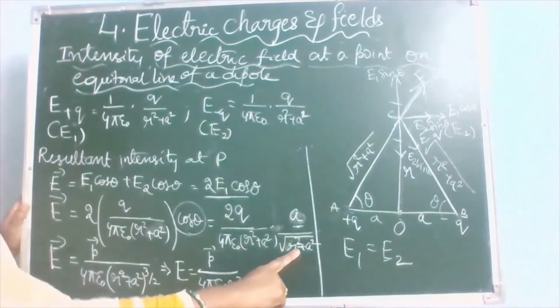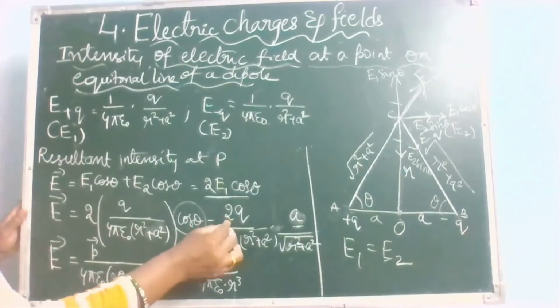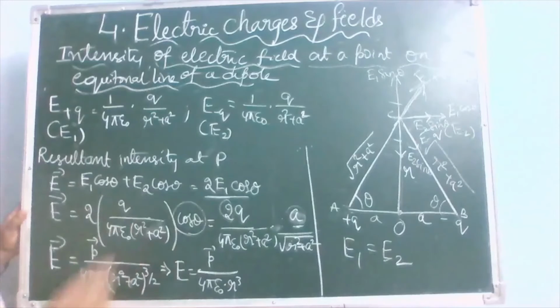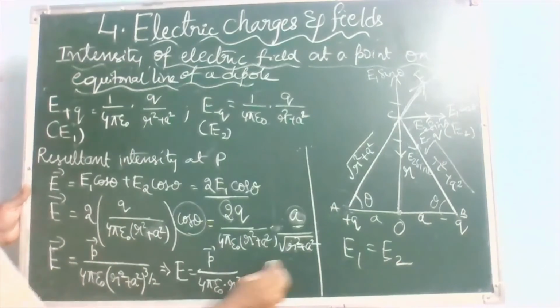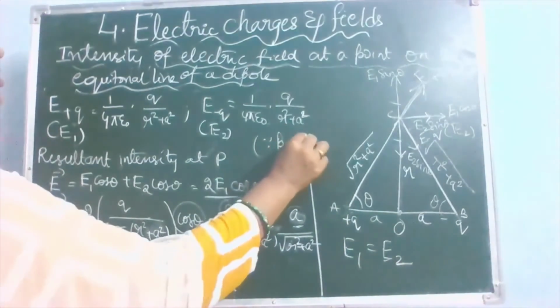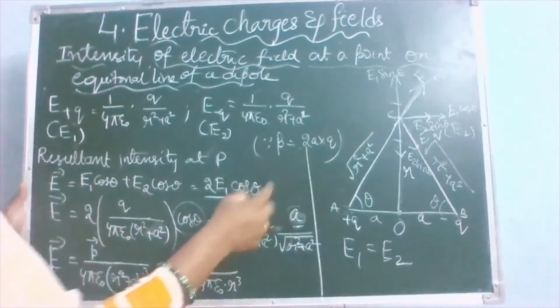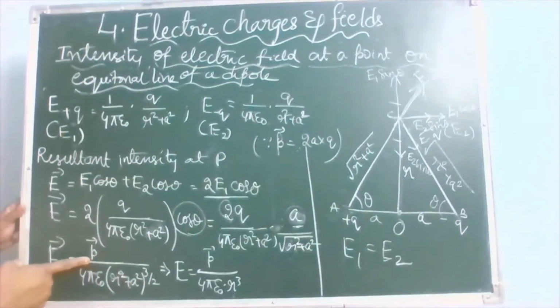Now we have 2A into Q, and the formula for the dipole moment is P equals 2A into Q. So that is equal to P.